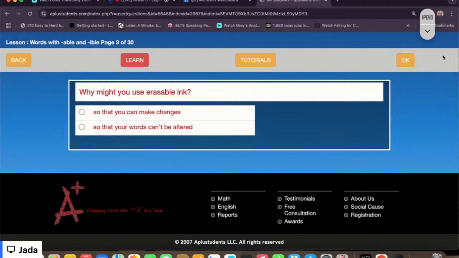Why might you use an erasable ink, so that you can make changes or so that your words can't be altered? First or second?